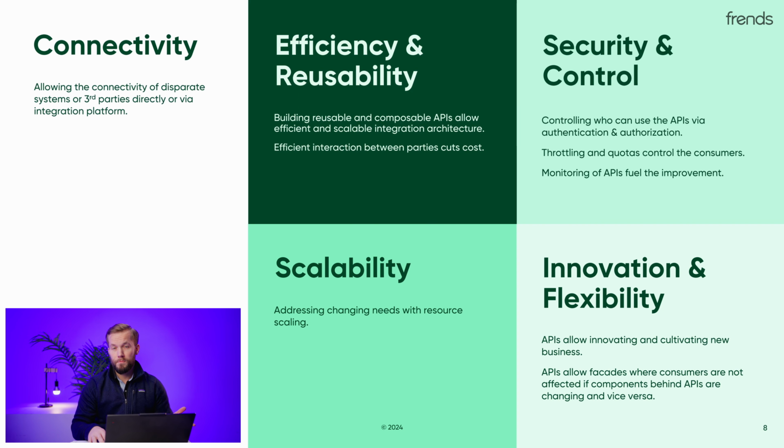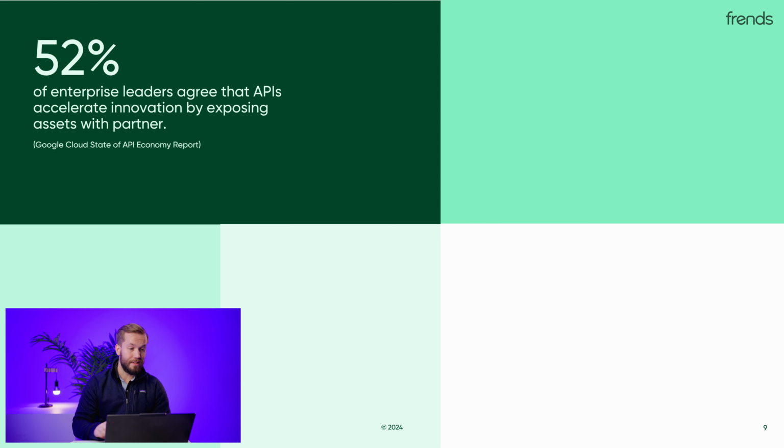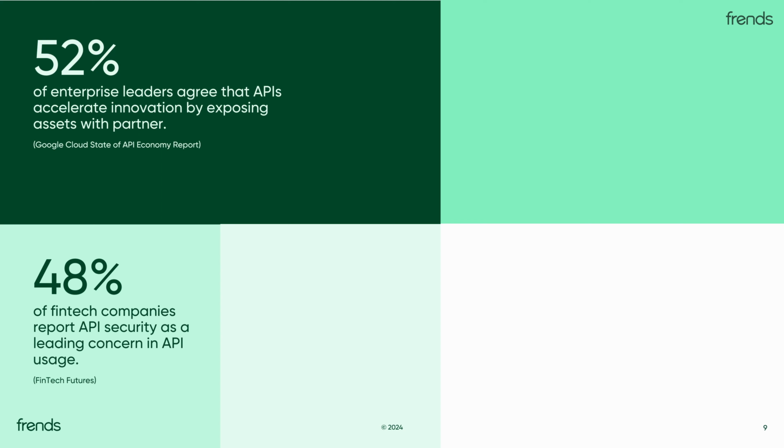Then, I always like to show some statistics on how the APIs are seen and understood at the moment. For instance, 52% of enterprise leaders agree that APIs accelerate innovation by exposing assets with partners, provided by Google. On the security part, fintech companies report API security as the leading concern in API usage. So we need to make sure that the APIs are secure.